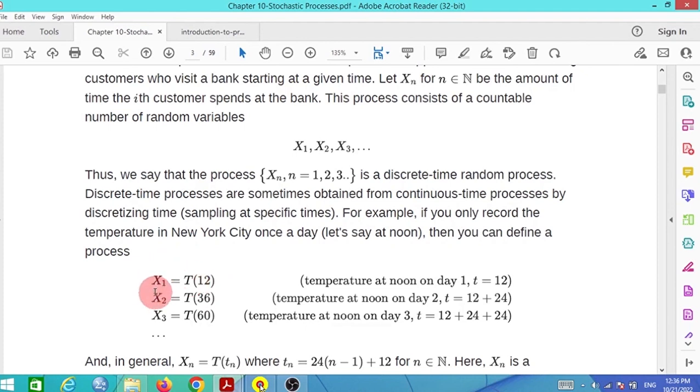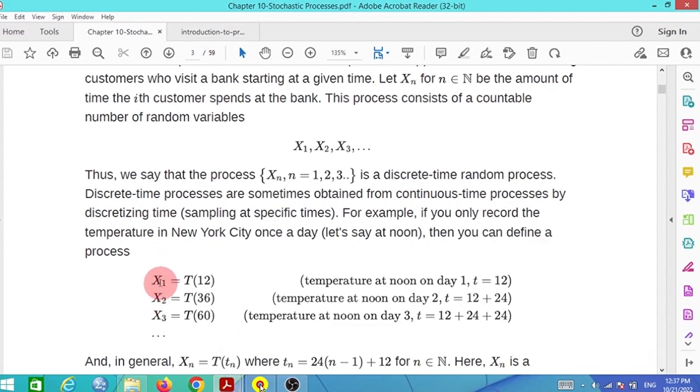For example, x1 equal to T of 110, okay, after 1 day, check or write the temperature, and after 2 days at this time. Okay, this is discrete. This is discretized time of a continuous time random process.